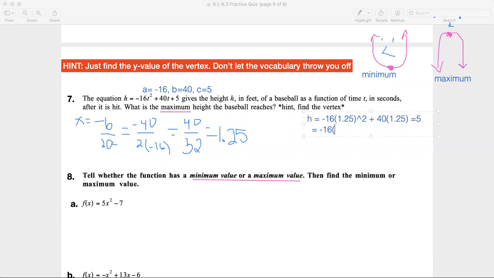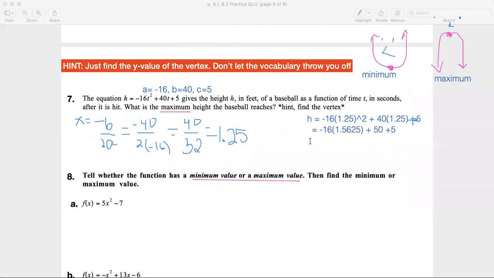It's 1.5625, plus, I'm going to go ahead and multiply 40 times 1.25. I got 50. I like that. Plus 5. I just see up top here, I put an equals instead of a plus. This guy here should be a plus sign.